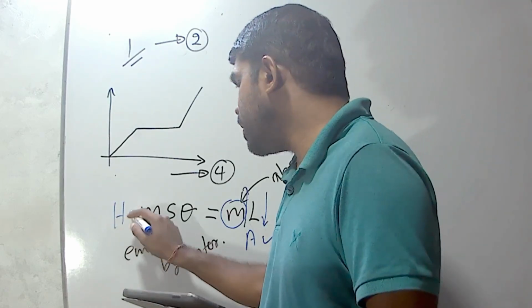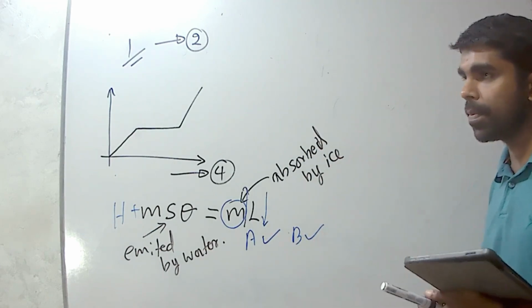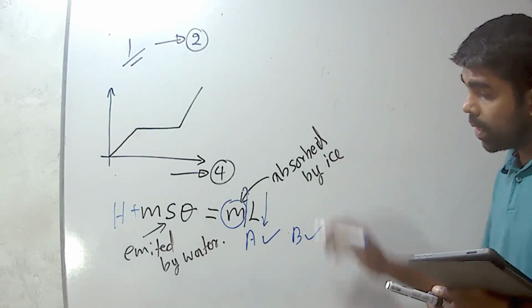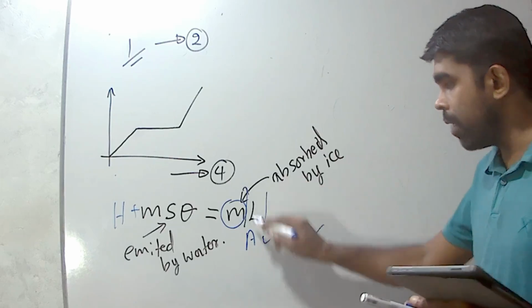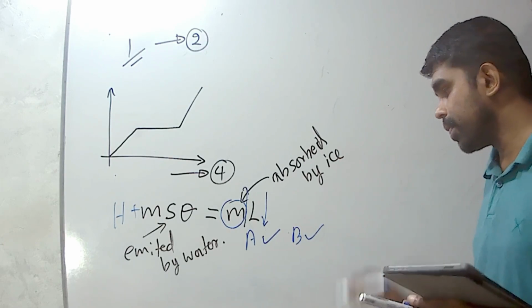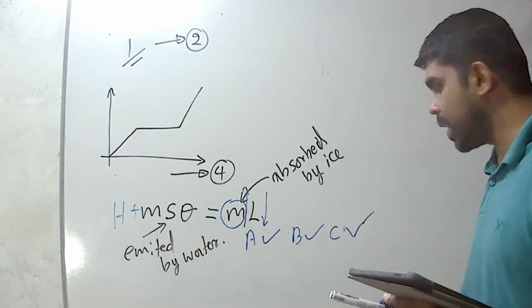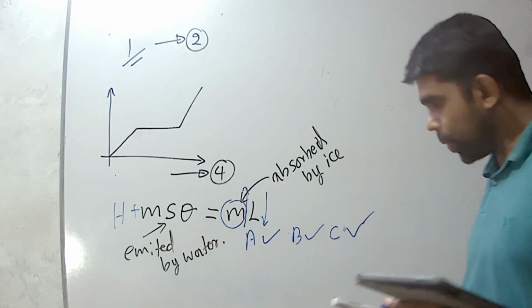Again we have to add the heat energy given by the mist. Then the same thing, the L value will be a smaller value than the actual value. Statement C is also correct. Then all A, B, C are true.